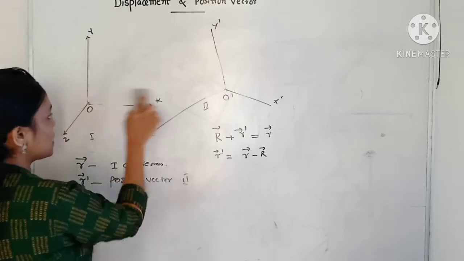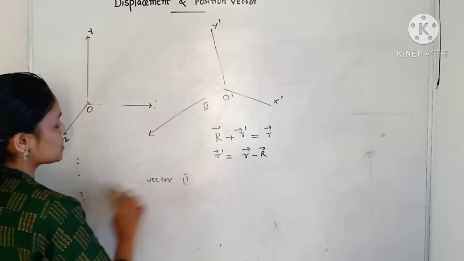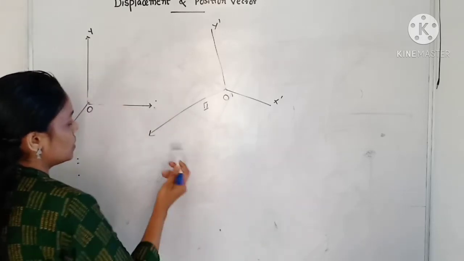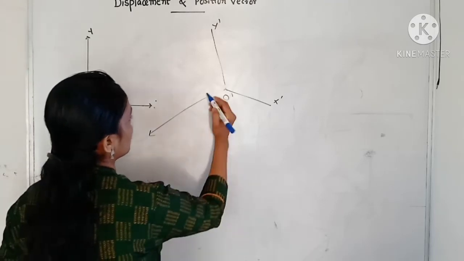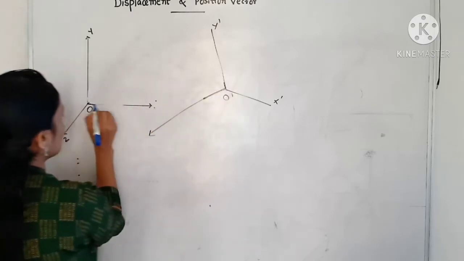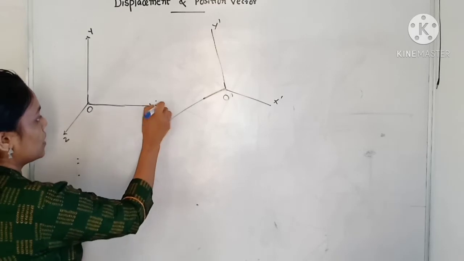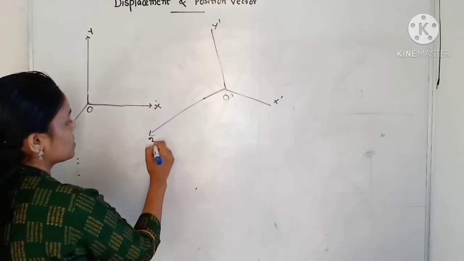So we are considering two coordinate systems, x, y, z and x dash, y dash and z dash.